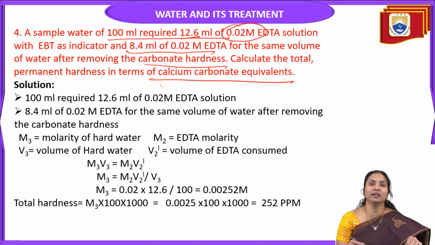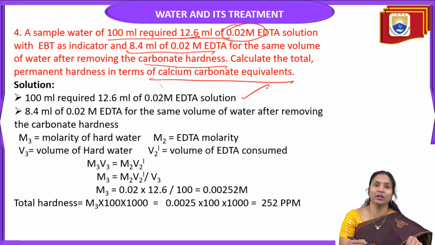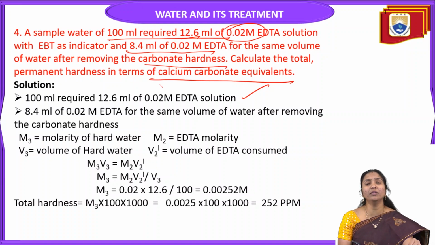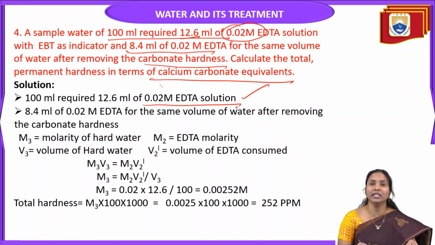So how can we calculate the total hardness, permanent hardness and temporary hardness of the given water in terms of calcium carbonate equivalent? From the data, 100 ml of water sample required 12.6 ml of 0.02 M EDTA solution. This is the data used for determination of total hardness present in the given water sample.